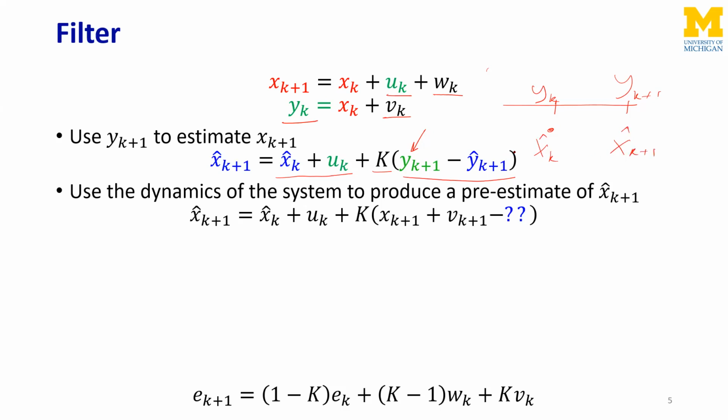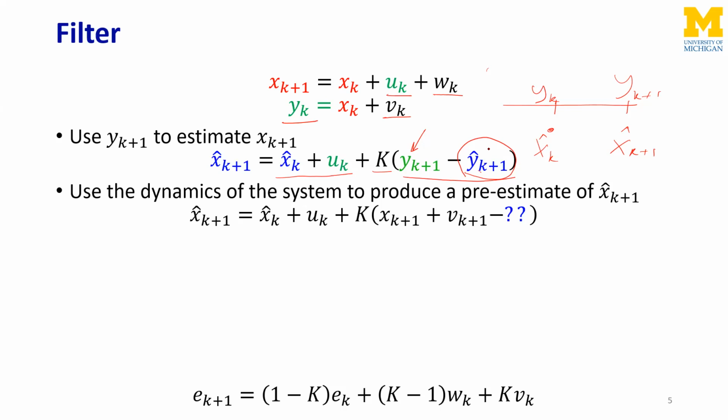So if we are using yk plus 1 in the output error, what should go here? Well, I've clearly written y hat k plus 1, but I haven't defined what y hat k plus 1 is. Since we don't know x hat k plus 1, how can we write y hat k plus 1? So we are going to take the best possible y hat k plus 1 that we can use.